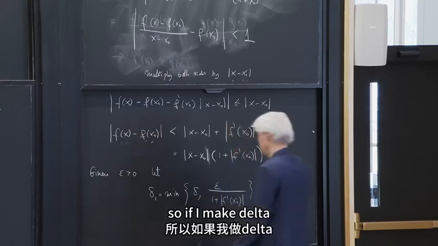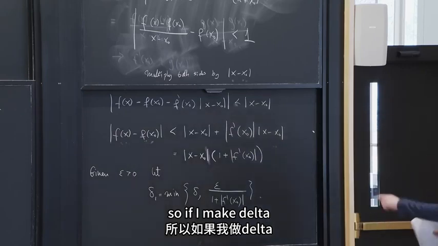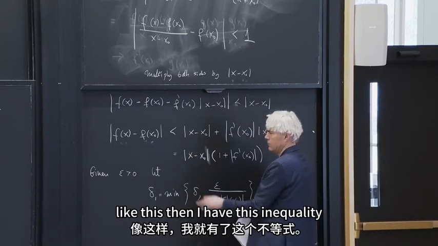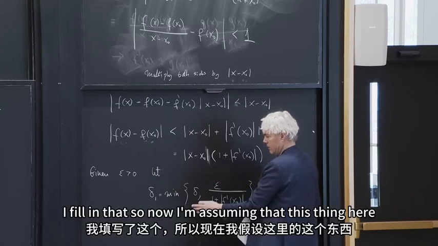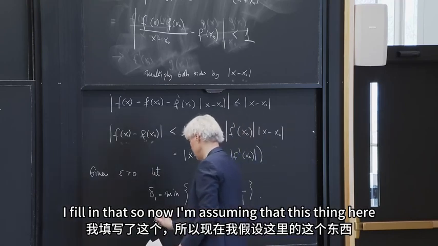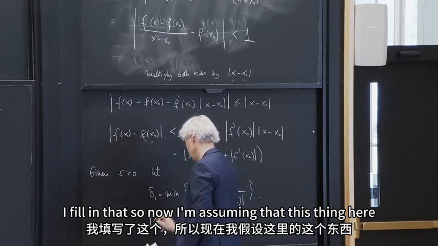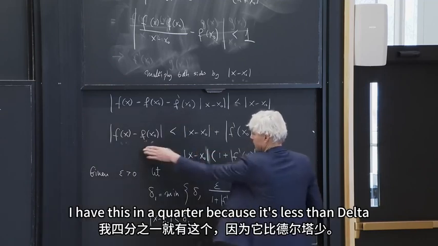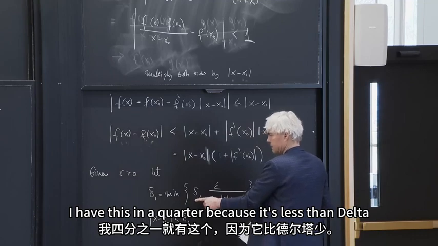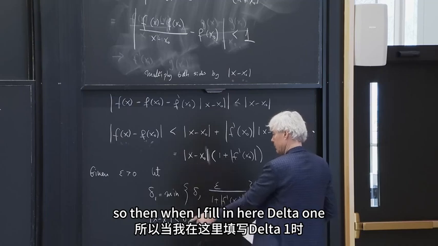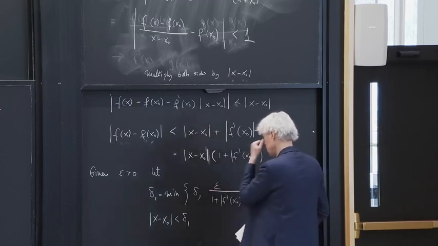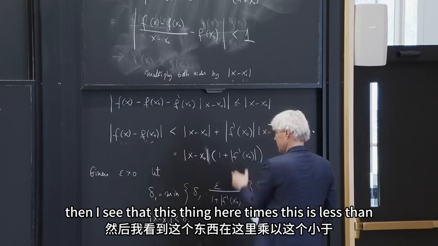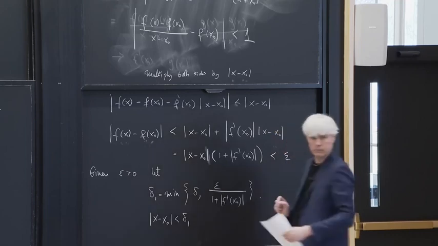Right. So if I choose delta like this, then I have this inequality. Now I'm assuming that this thing here is less than delta 1. So again, I have this inequality because it's less than delta. So then when I fill in delta 1 for this, I see that this thing here times this is less than epsilon. Right?